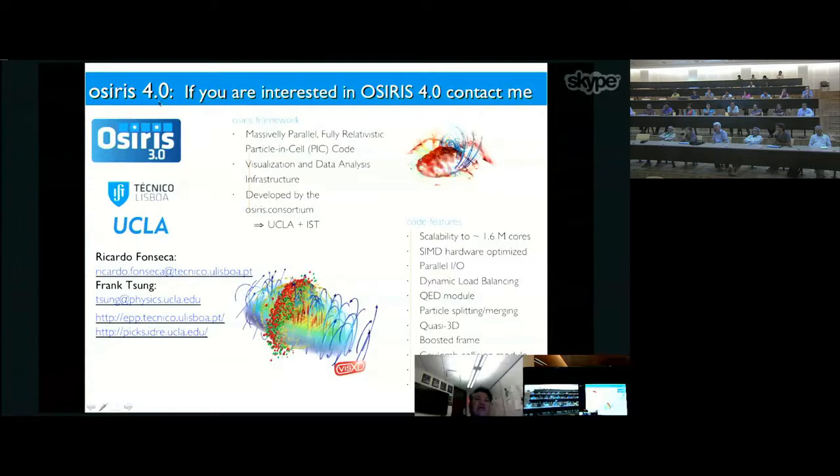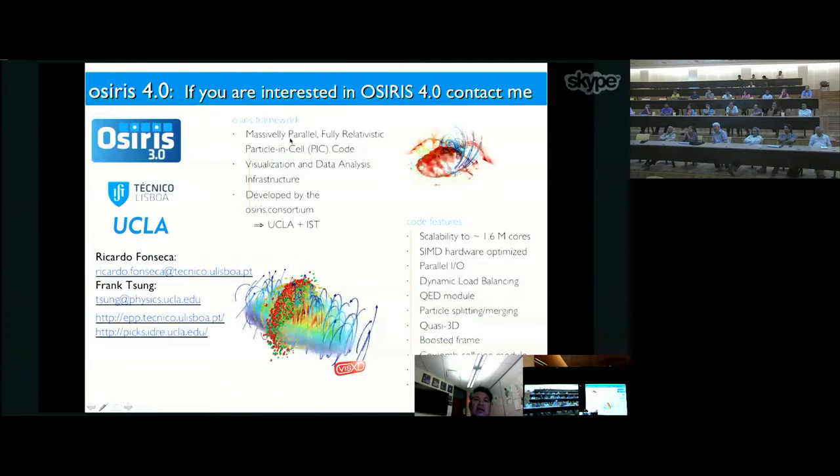So OSIRIS 4.0, which has evolved from OSIRIS 1.0, which was written by my graduate student in the late 1990s, is now a collaboration between IST in Lisbon and UCLA. And Ricardo Fonseca deserves tremendous credit and leadership in many respects of this effort. If you're interested in maybe getting access to it, send me an email and we can talk about it.